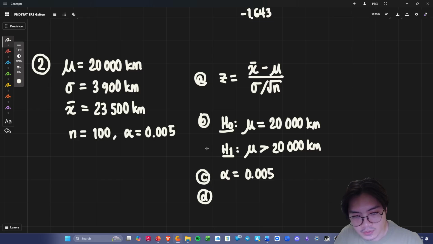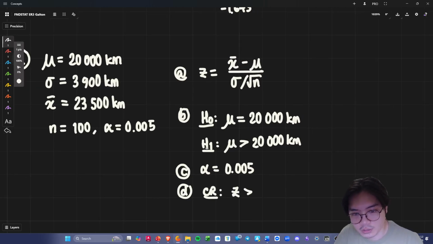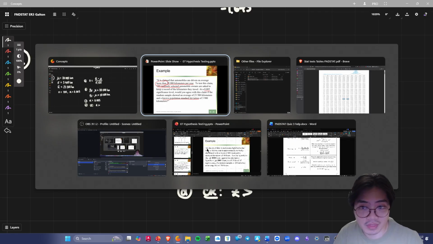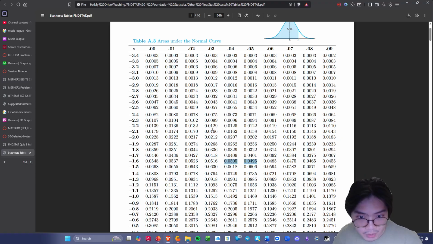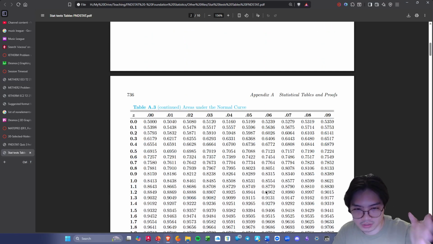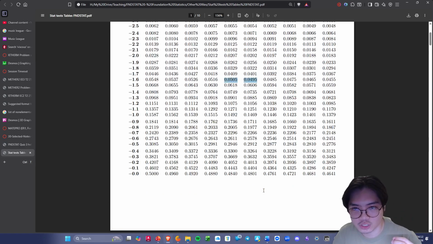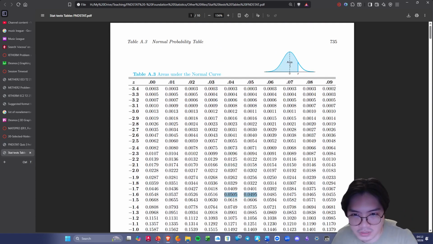Letter D, we need to have a critical region wherein your Z value needs to be bigger than the 99.5% point. Or if you think about it this way, because the area of the normal distribution is symmetric, you're just going to have the positive version, where the corresponding area is 0.005.